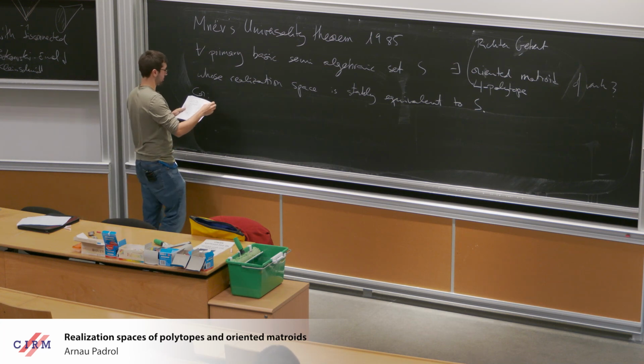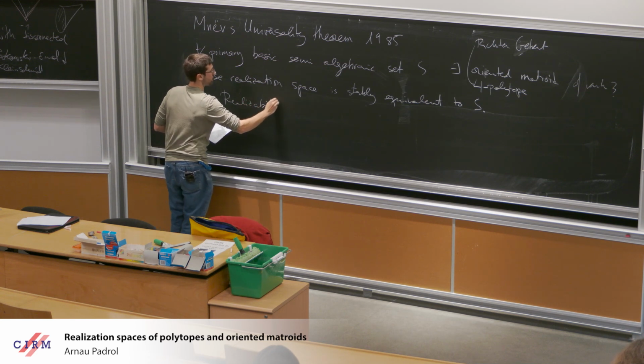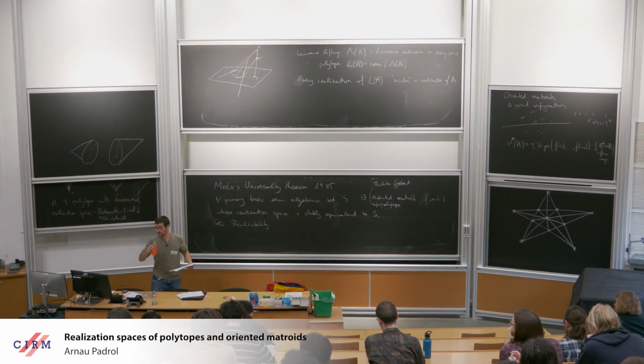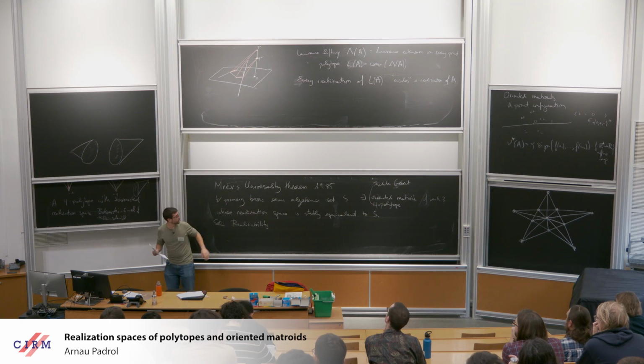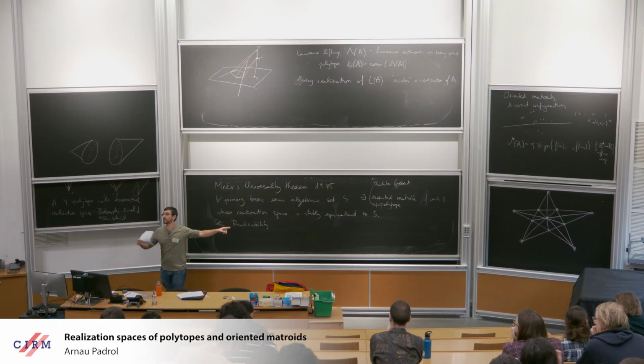This is the corollary about realizability. The semi-algebraic set is the solution set of some set of equations, and you don't know if it's empty or not. So in this statement, S is the set, and this is correct. But if you go into the proof, what one does is take the equations defining S and turn them into an oriented matroid or a polytope.